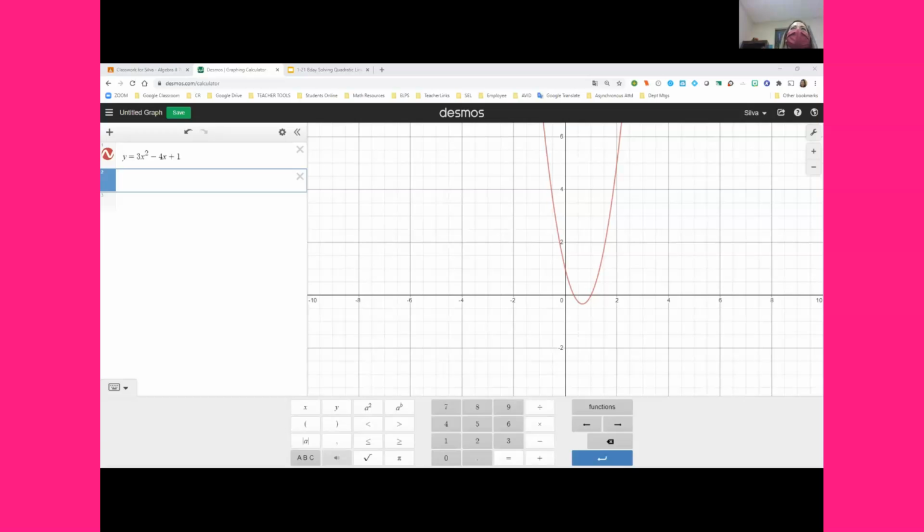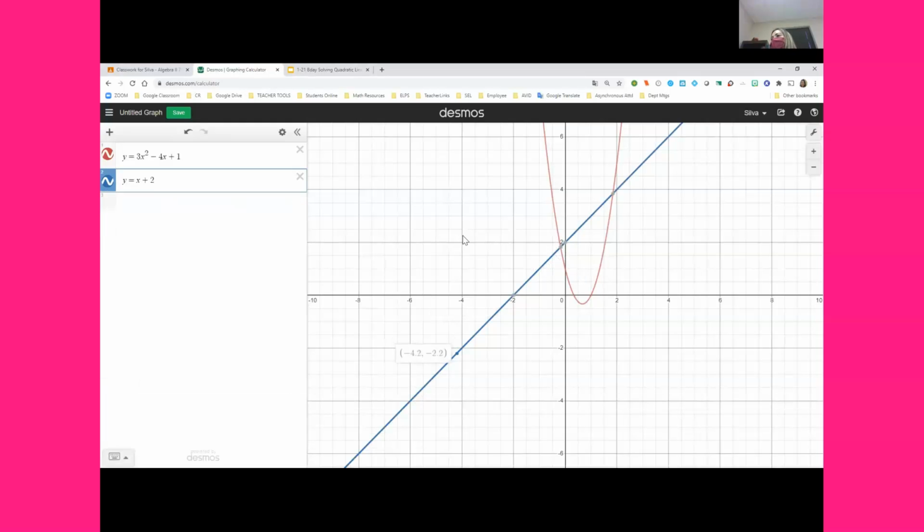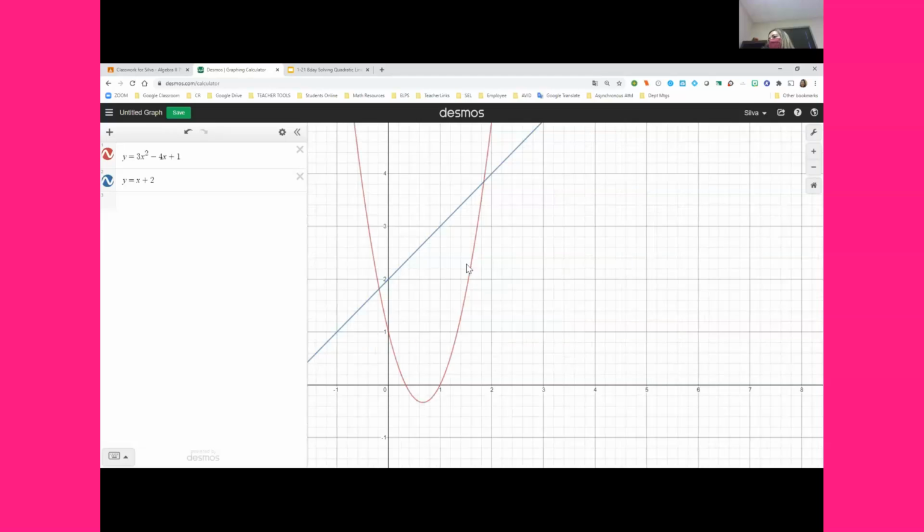Here we go. Then we need to type in the other equation, which is y is equal to x plus 2. And that's it. Then if you look at your graph, we can make it bigger, and you click on the intersection, it'll give you your point.